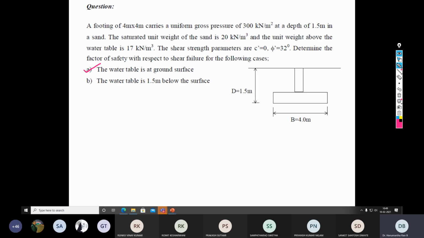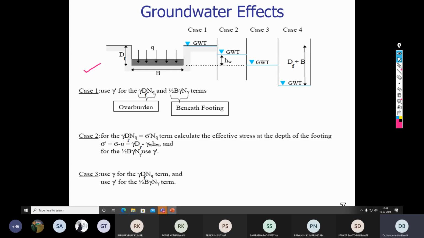So let me show you those slides better. You can understand now. In our sum, we are calculating for case 1, where groundwater table coincides with ground surface, and case 3, where groundwater table coincides with foundation level. Okay, so case 1 and case 3.